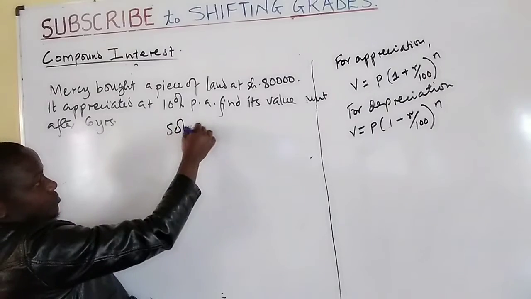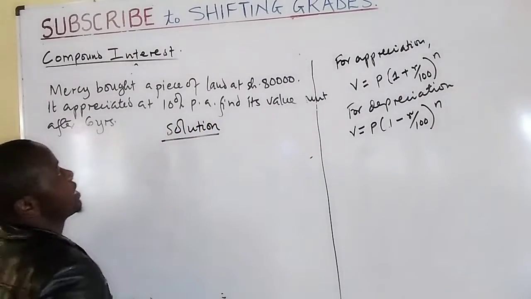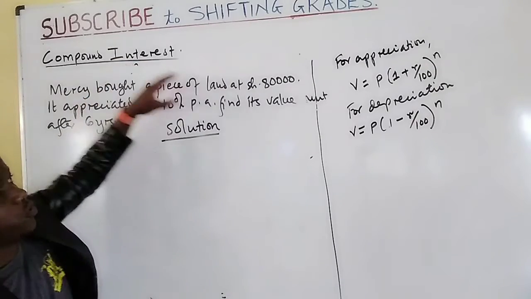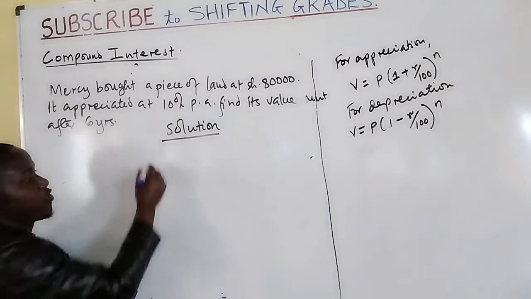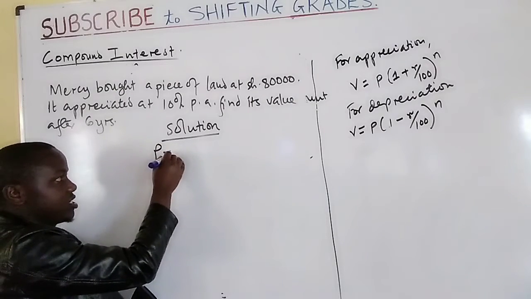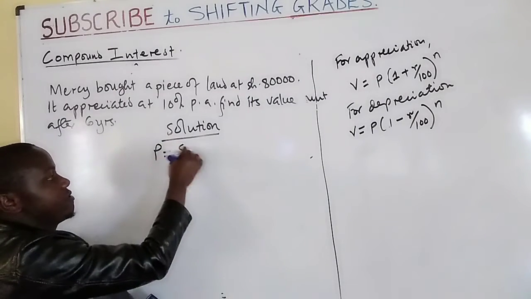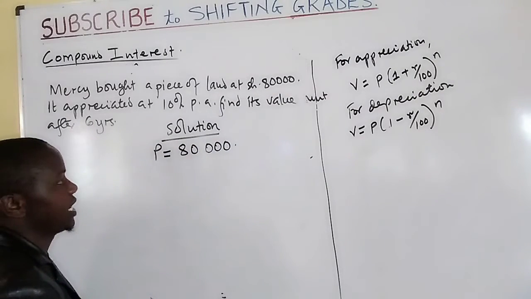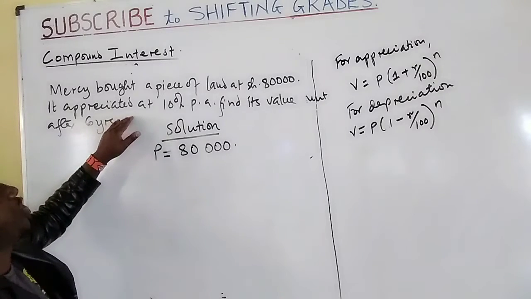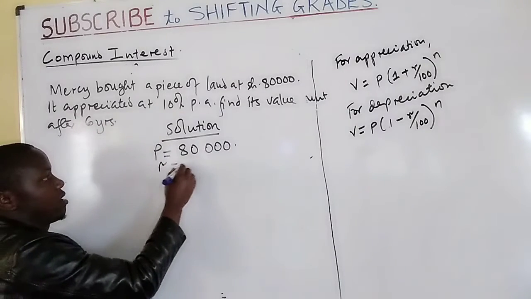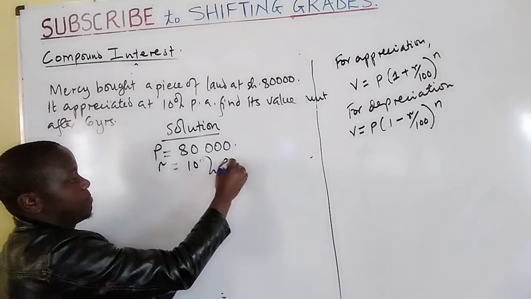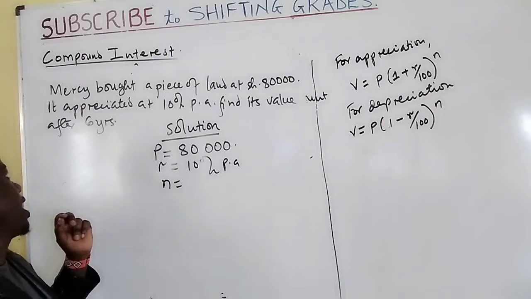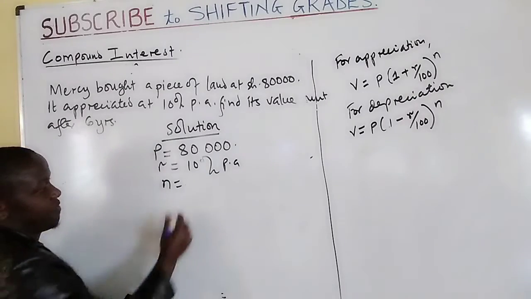Solution. This is a land which was bought at 80,000. So the original price of this land, we can call it the principal, 80,000. Then we are told that its value is appreciating at a rate of 10% per annum, and to get the value after 6 years, n will be 6.